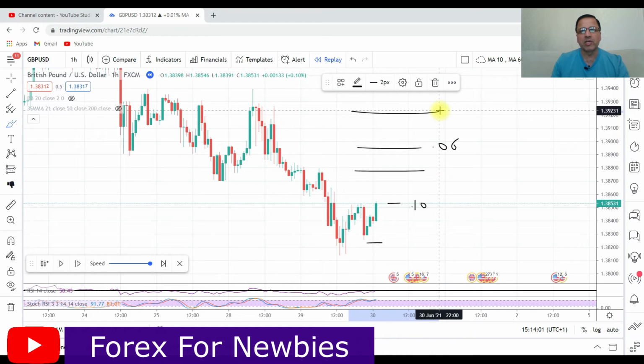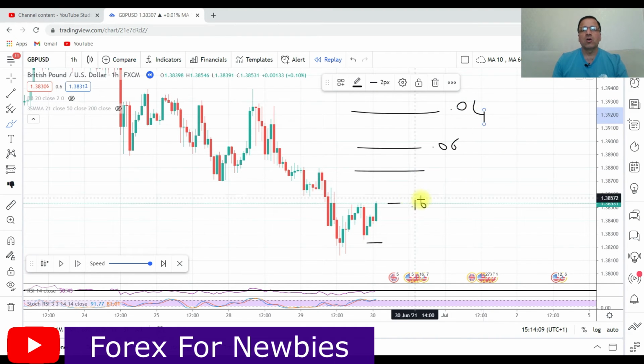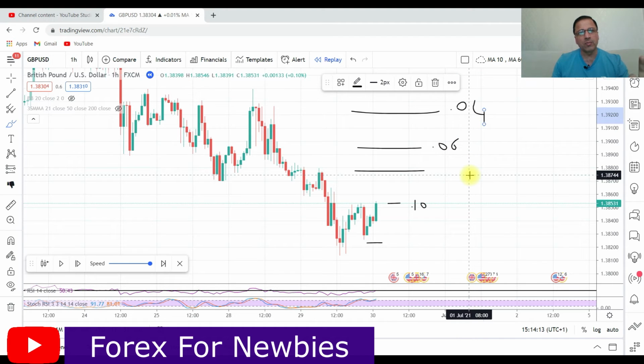So my next TP will be here, the final TP, with lot size 0.04. Now this completes a 0.20 lot size. If one can afford it, you can adjust the lot sizes according to your own account size. So that's a complete 0.20 lot size with the 3 trades.